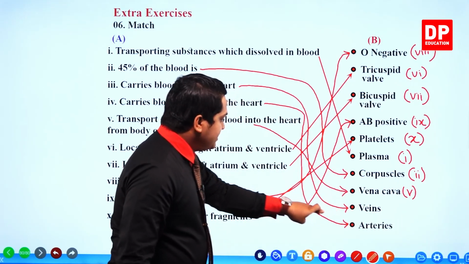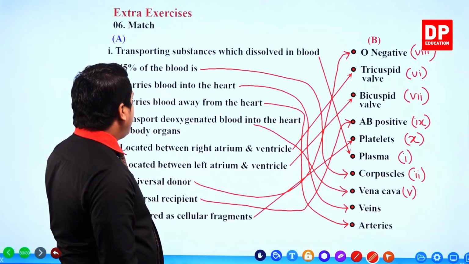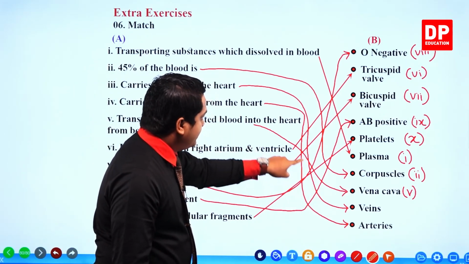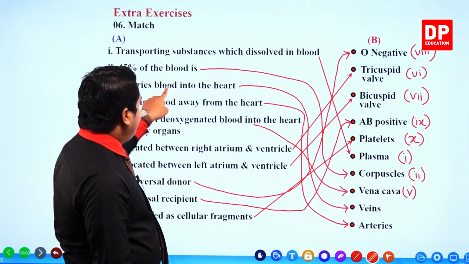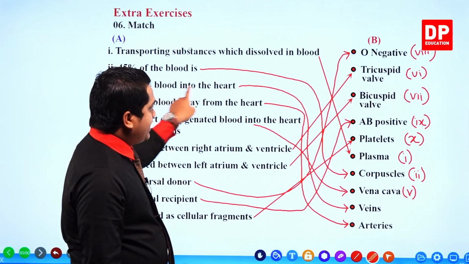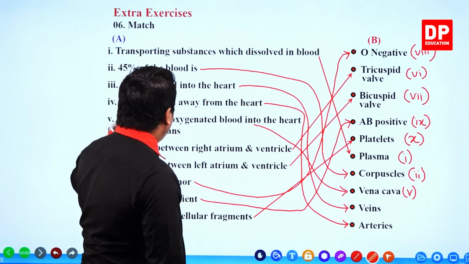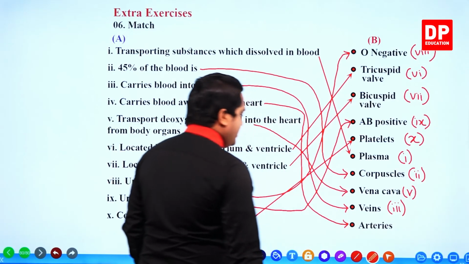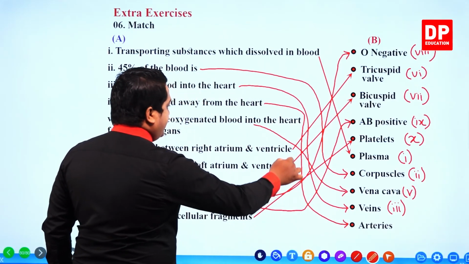Veins are the vessels that carry blood into the heart. Number 3. Then arteries, final one, my dear children.